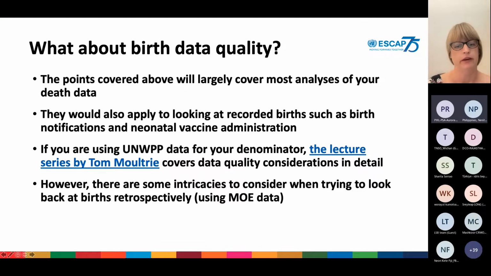The examples that we looked at were mostly focused on death registration completeness and data quality, but generally speaking, the points that we talked about above would also apply to birth registration completeness as well.